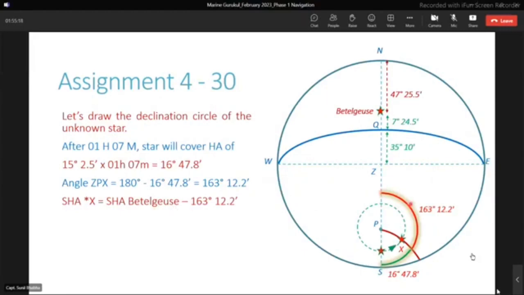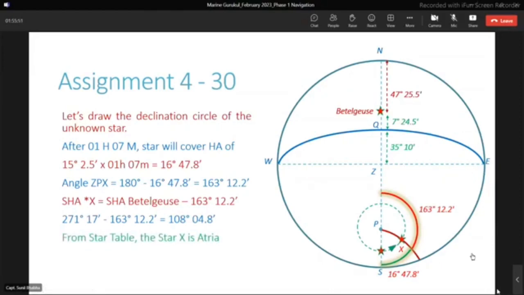But the star is east of Betelgeuse, so we have subtracted this angle from the SHA of Betelgeuse. It will give us the SHA of the unknown star, which comes out to be 108 degrees 4.8 minutes. So SHA of Betelgeuse is available to us from the almanac. Minus this value gives me 108 degrees 4.8 minutes, which will be the SHA of the unknown star.